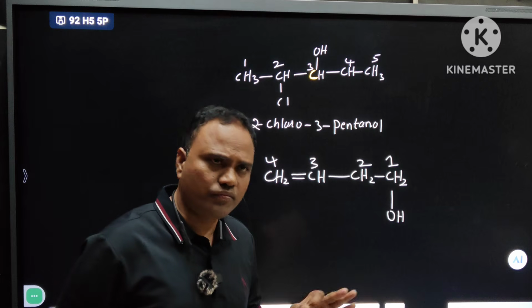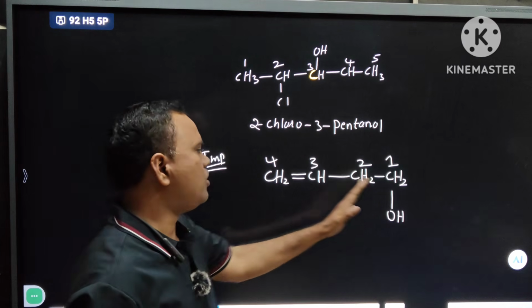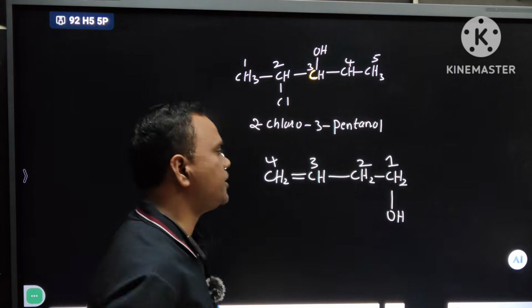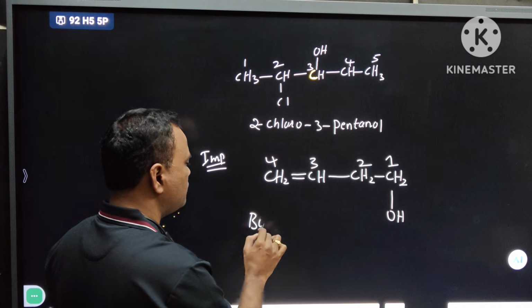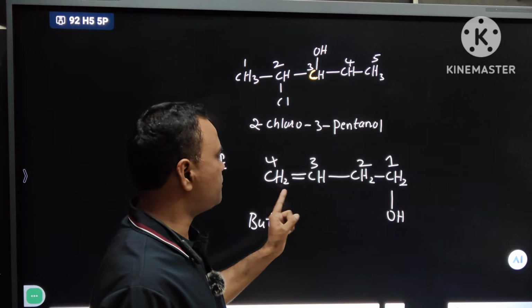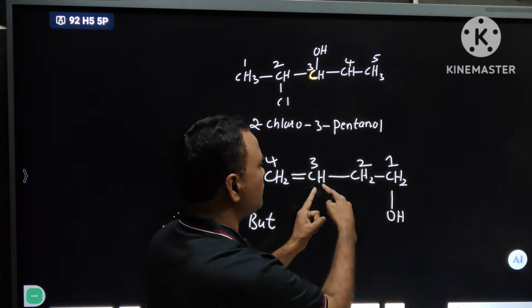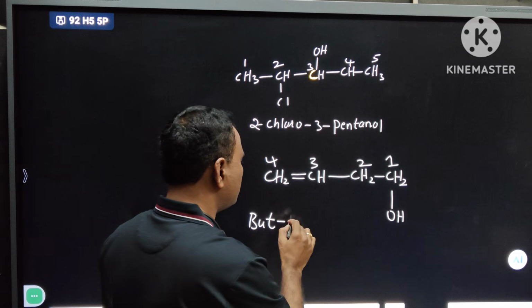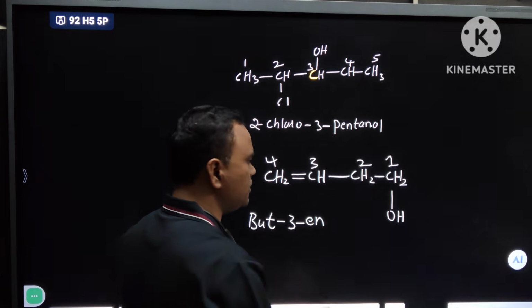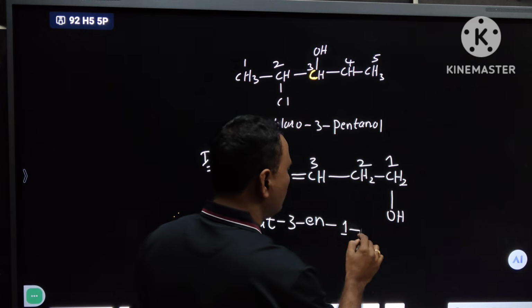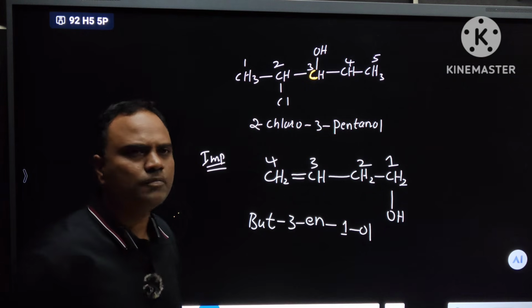Remember, from now onwards, when a double bond and another functional group come, first write the root word: but, 4 carbons, but. What is the position of the double bond? The double bond is starting at which carbon? 3rd carbon. But-3-ene-1-ol.